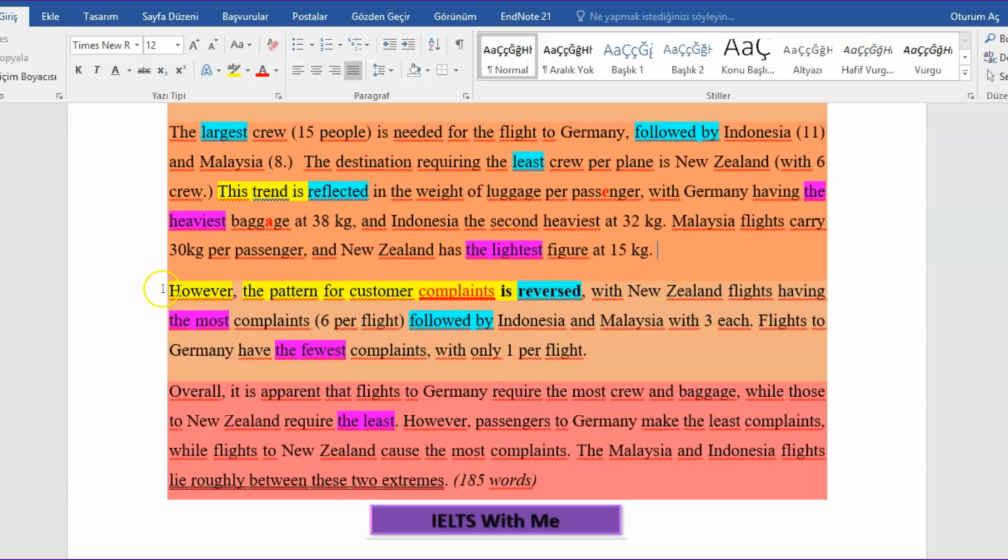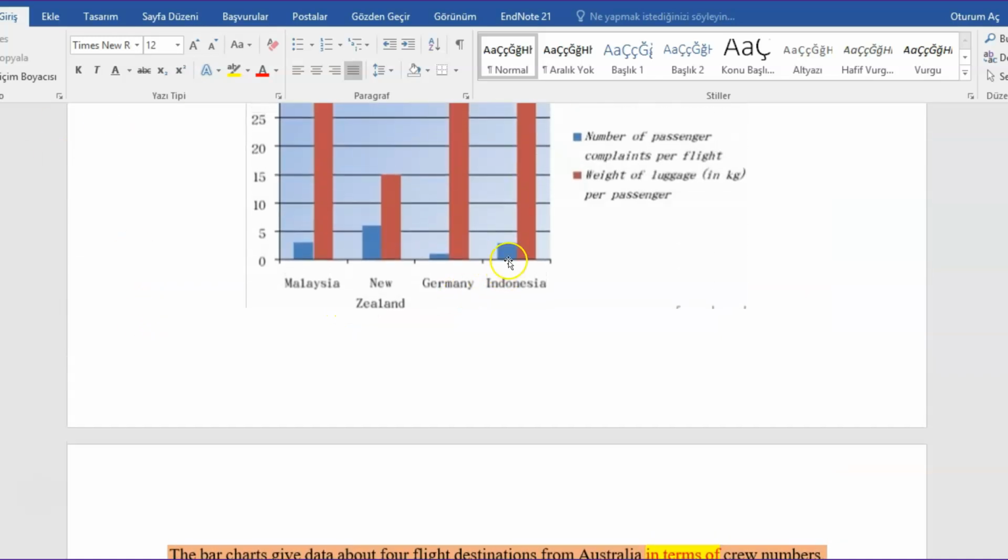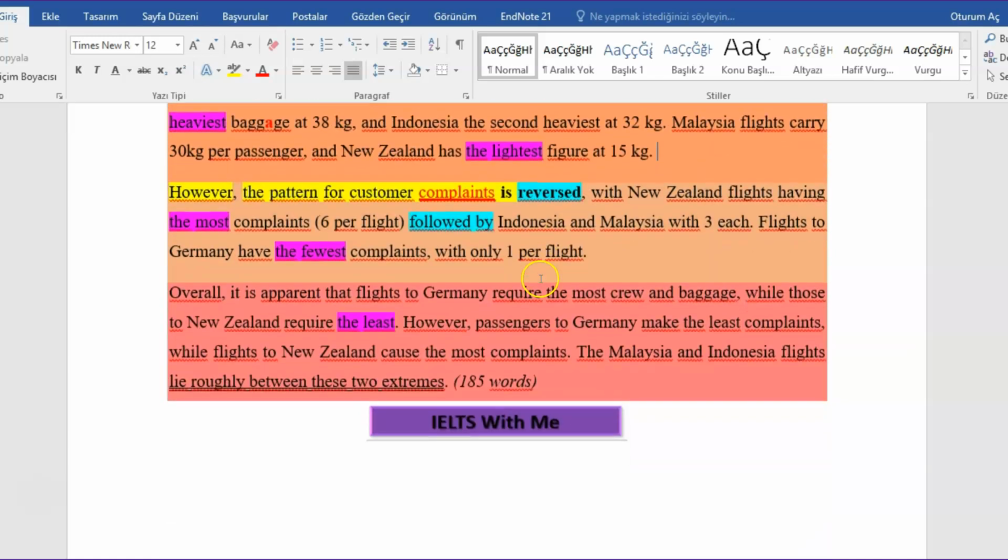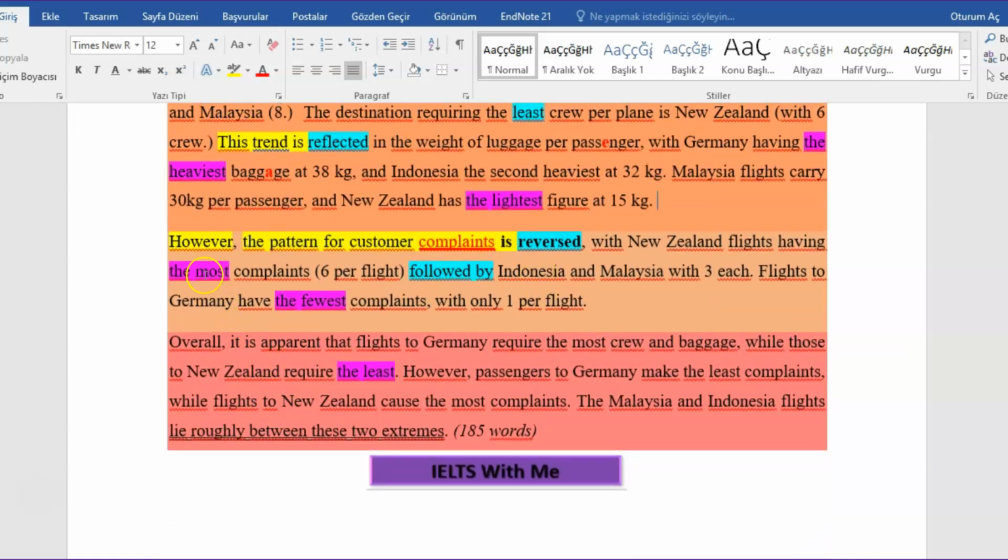Okay, now we are going to talk about the blue bars, the number of passenger complaints. However, by contrast, the trend for customer complaints is reversed, the opposite.